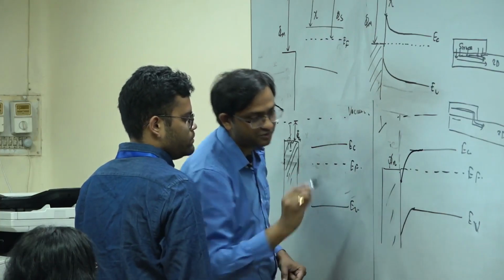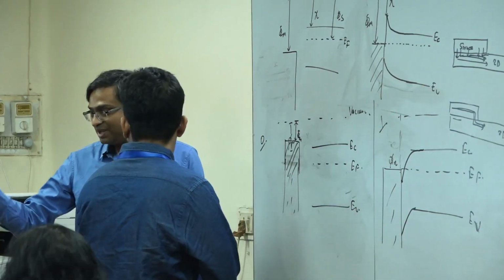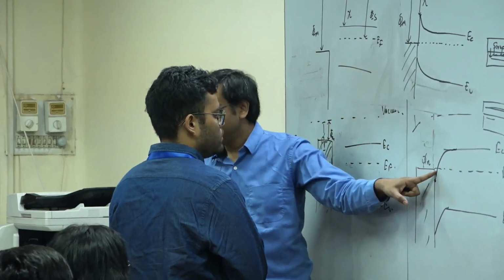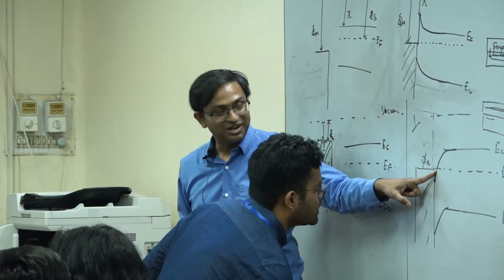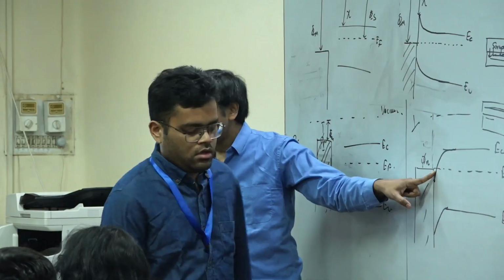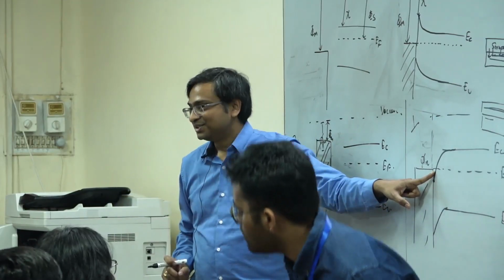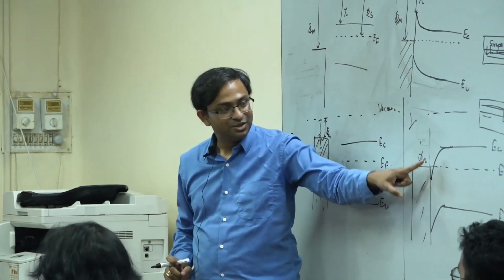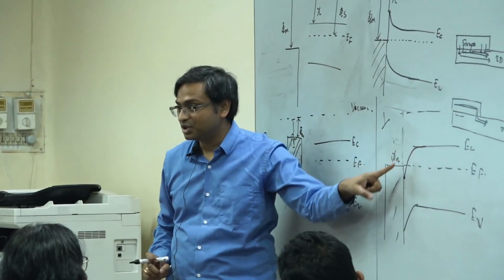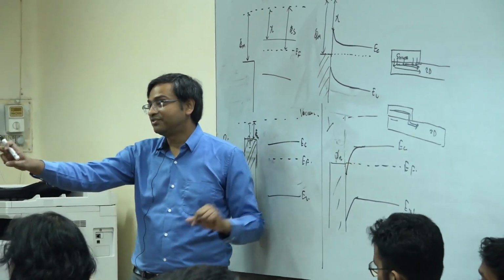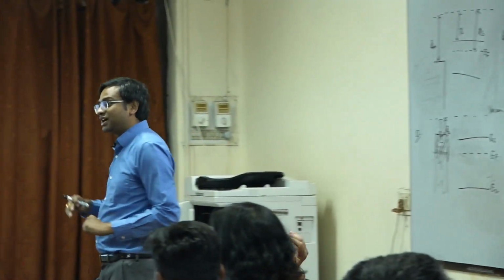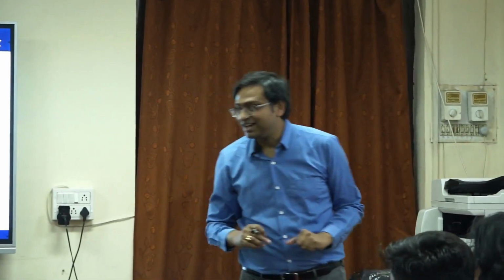This will also bend downward. But the only problem in your drawing is that the Fermi level was not there. So your Fermi level is now here. Make sense? You see your conduction band actually crosses over your Fermi level, right? No, your Fermi level is still below the conduction band. Yeah, that's what I am saying.